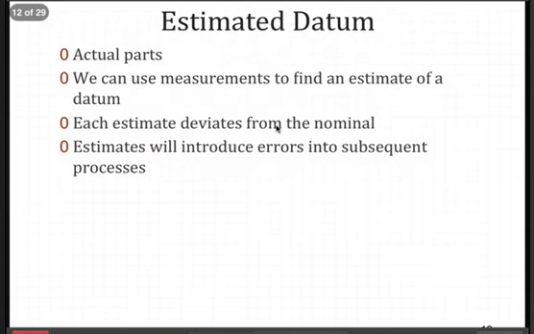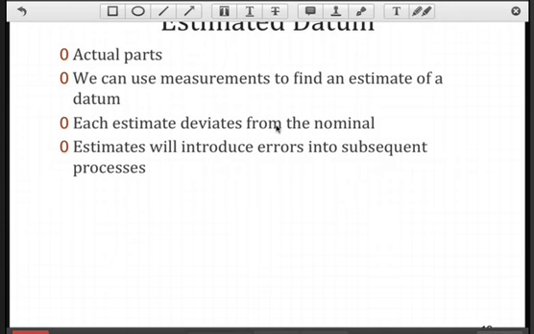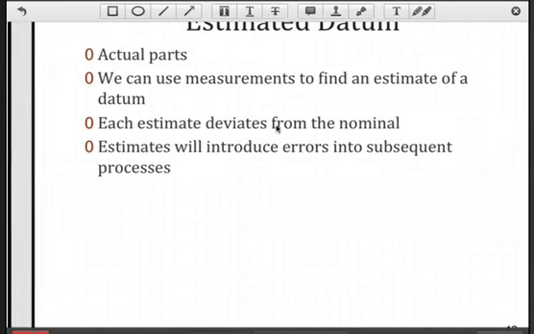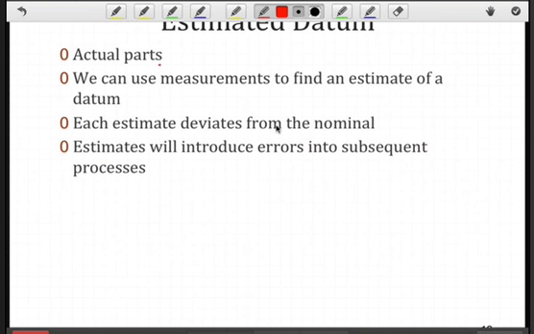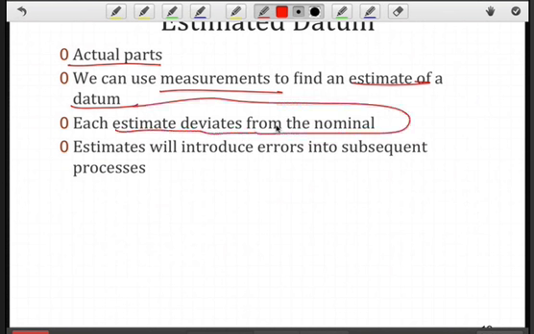Well, when we actually determine this datum, because it is theoretical, what we're going to do is estimate it. And in order to estimate it, we need an actual part, right? So we're going to manufacture the part and then take a bunch of measurements to estimate the location and orientation of that datum. Each estimate deviates from the nominal.